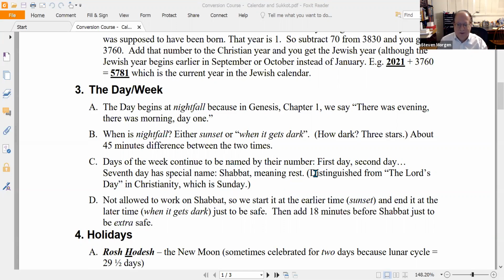And I get some raised eyebrows when I say that because Christians take off on Sunday. Sunday's their major day of worship. But I point out two things. First of all, if you look at any Western calendar, and all Western languages you read from left to right, the left column is always Sunday, and the right column is always Saturday, which means that Saturday is the last day of the week, 7th day. So clearly the Sabbath is Saturday.